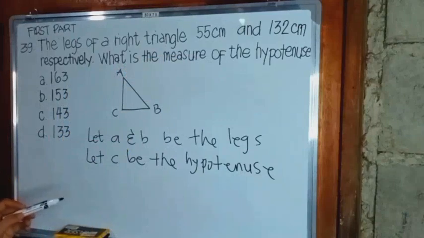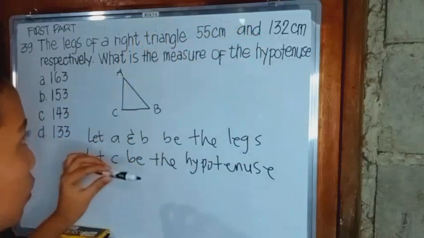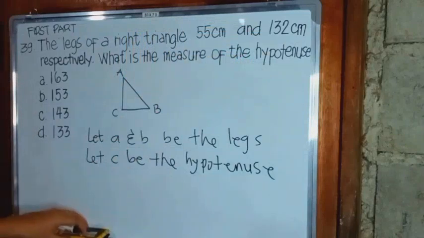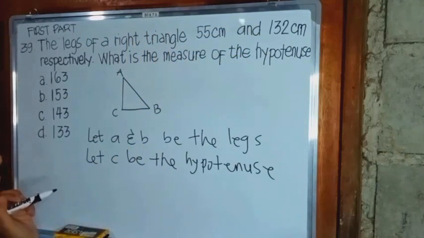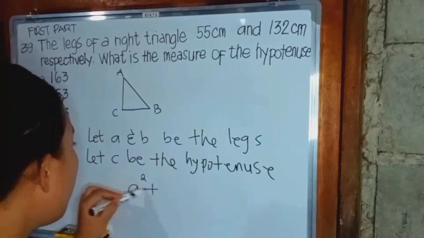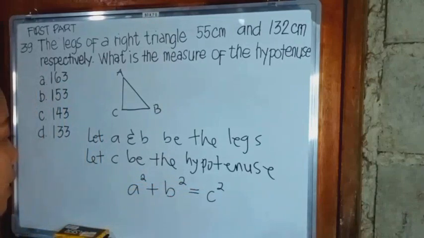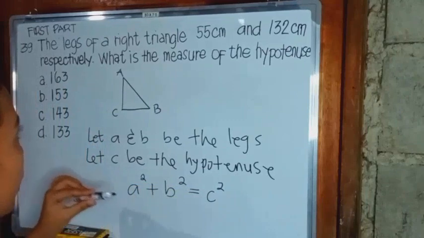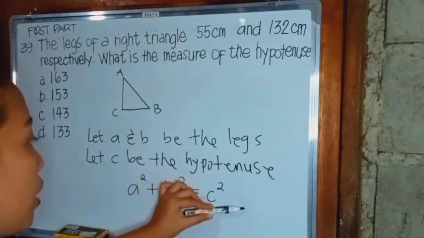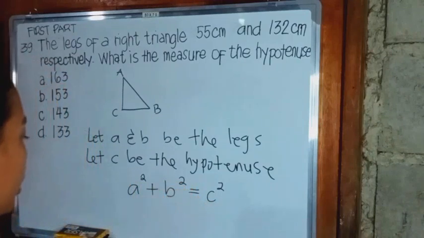Since the legs are already given, which are 55 and 132, the only thing we need to find is the hypotenuse. How can we find the hypotenuse? We can use the Pythagorean theorem, which is a squared plus b squared is equal to c squared. This implies that the sum of the squares of the legs is equal to the square of the hypotenuse.